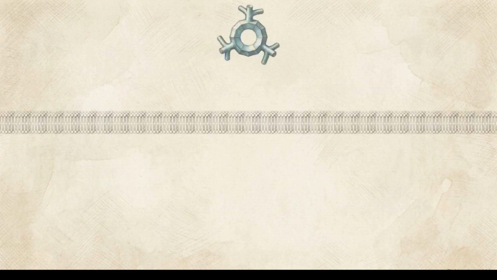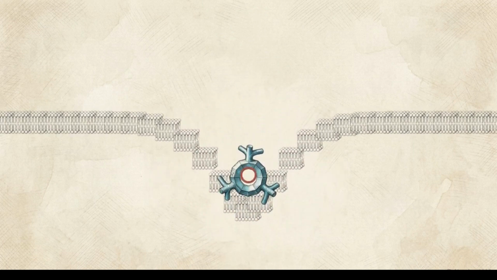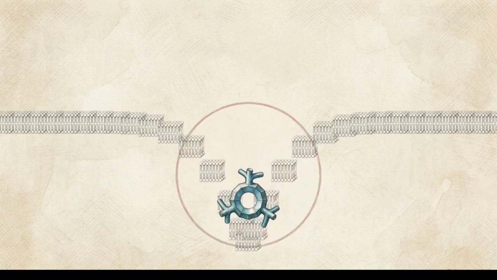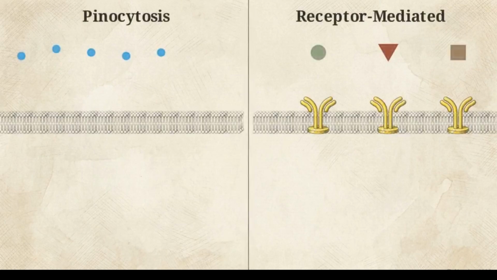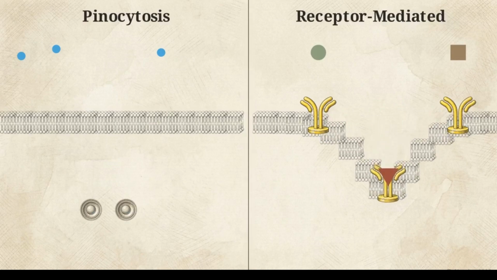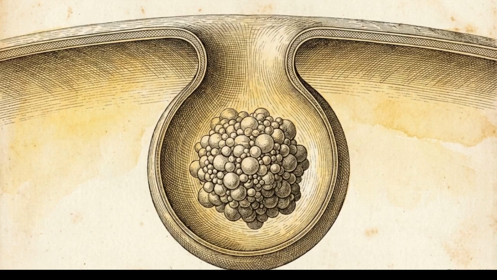Rather than passing a molecule through the barrier, the cell expends a massive amount of energy to physically deform its own membrane, wrapping around the target to swallow it whole. This vesicular transport can be a nonspecific intake of extracellular fluid, known as pinocytosis, or it can be highly targeted through receptor-mediated endocytosis. When molecular physics and transporter mechanics are insufficient due to sheer mass, the cell must resort to physically engulfing the therapeutic agent.